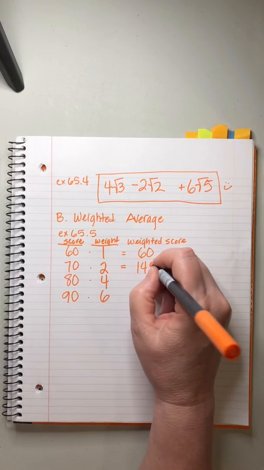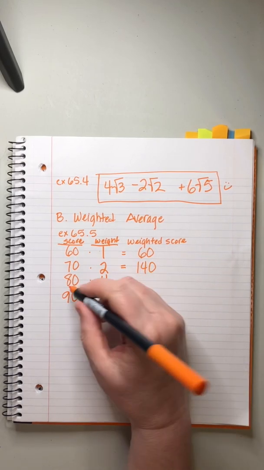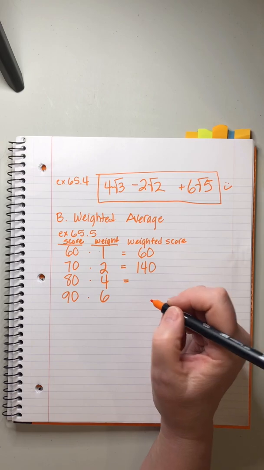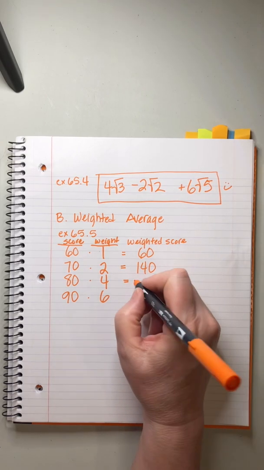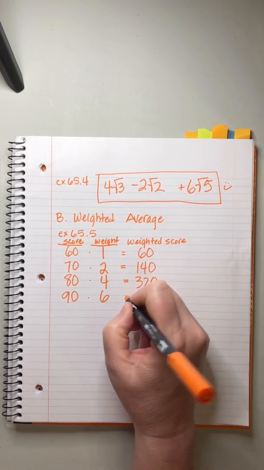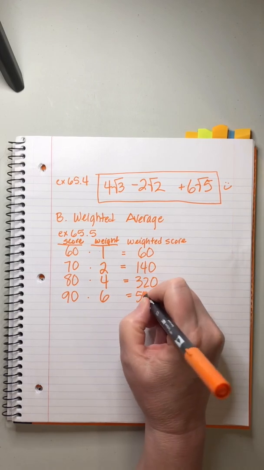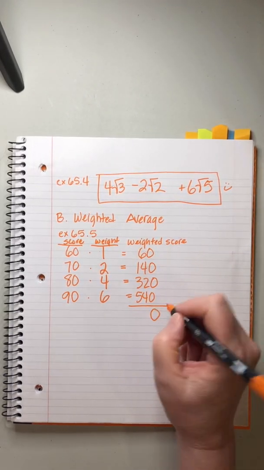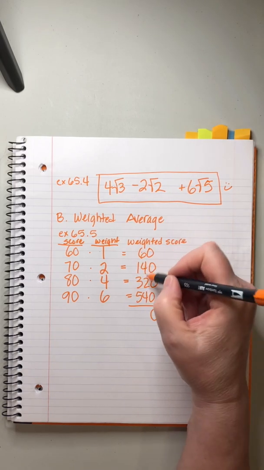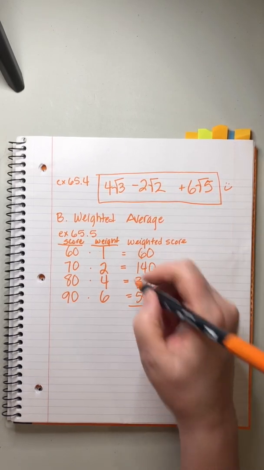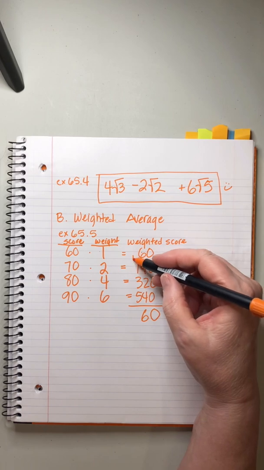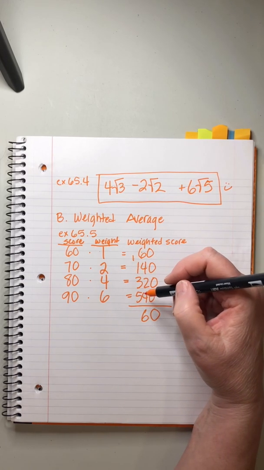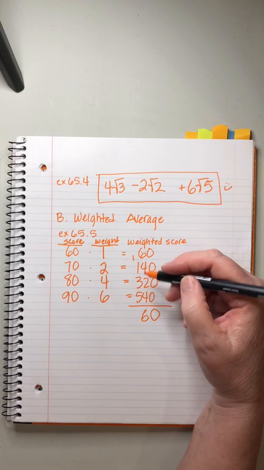Yes, 140. 80 times 4, Caleb, that's yours. Right, 320. And I'll do the last one, 540. Okay, we add them all up. 6 and 4 is 10, 16, 2, 3, 4, 5, and 5 more is 10.